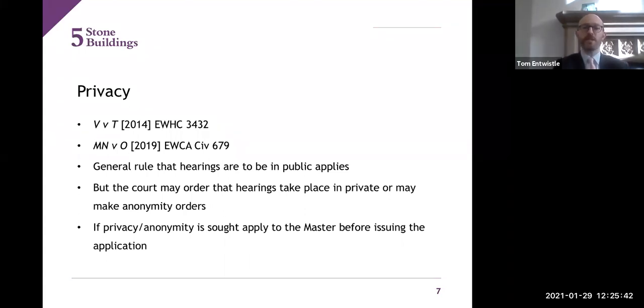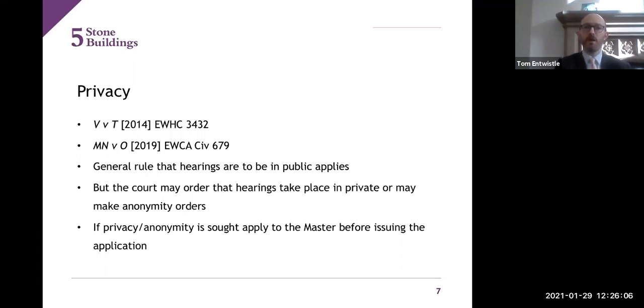The Court of Appeal rejected that analogy, saying that although VTAs did often involve private information, this was generally of a much lower order of sensitivity than the medical and other highly personal evidence that was often before the court in approval hearings.